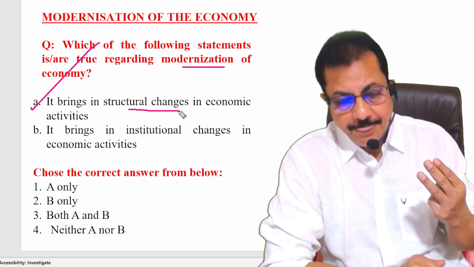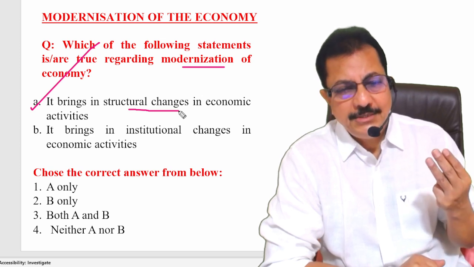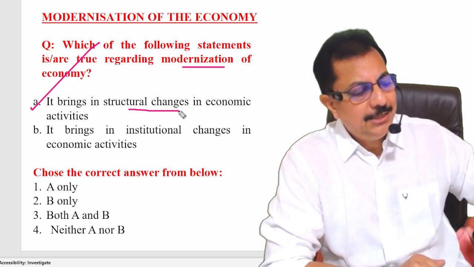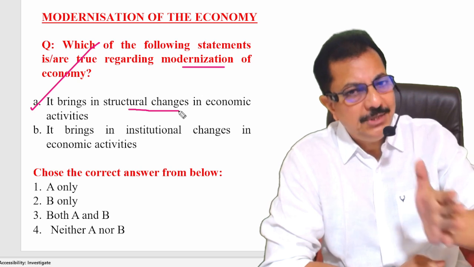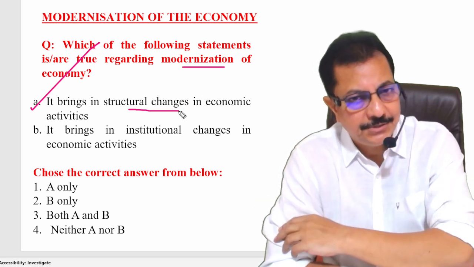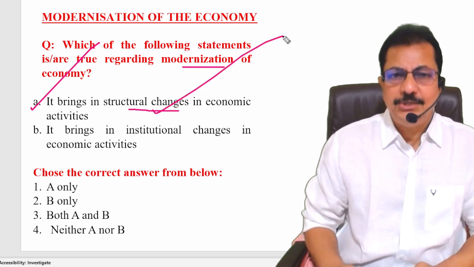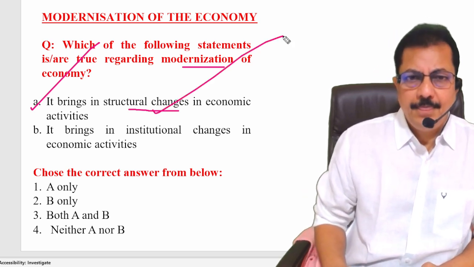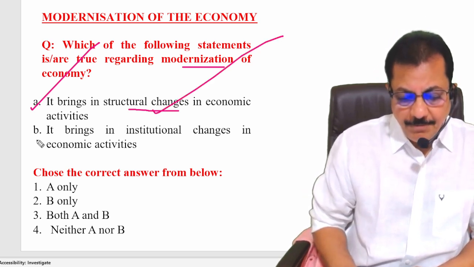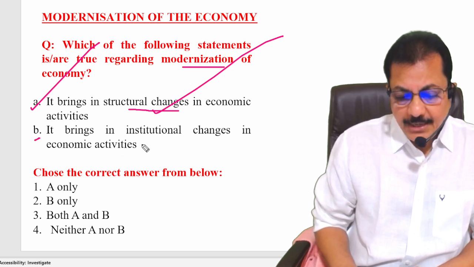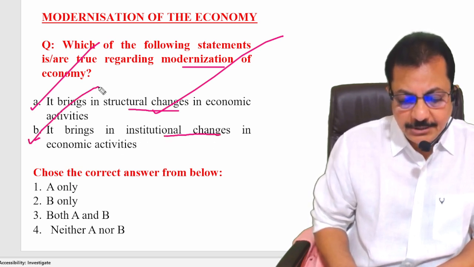Is that clear? So, with modernization, what is happening? From agriculture, people are moving to industries and tertiary sector services. Right? So, obviously, this is bringing in the structural changes. It is right. So, when it comes to statement B, it is bringing in institutional changes in economic activities. This is also correct.